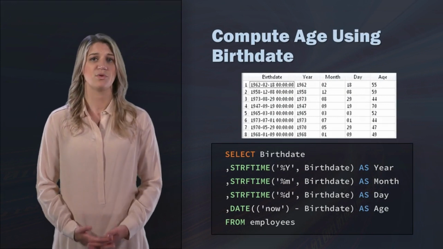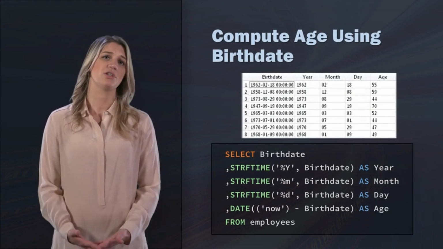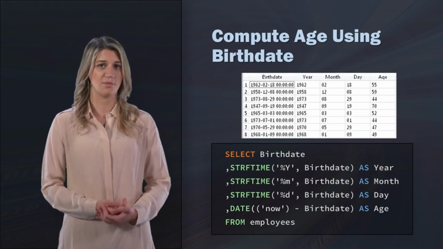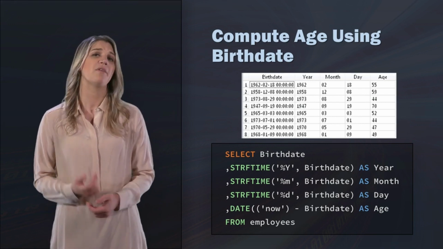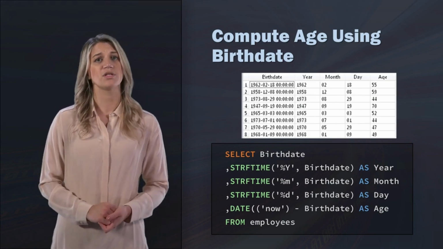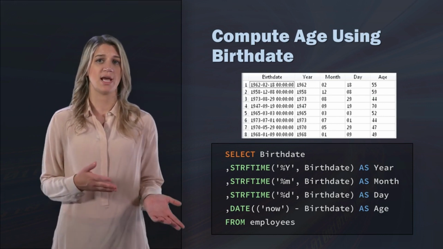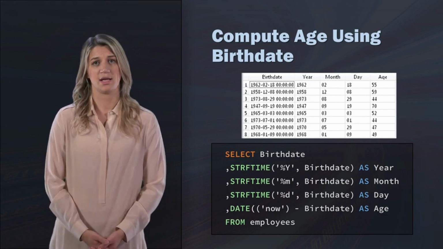How frequently this is used, though, is, again, going back to our example of the birth date. A lot of times we really don't care about people's birth date, but we want to know their age. In this example, I took my previous query where I'm selecting the birth date and I've separated out the year, the month, and the day, but I've also added a new column where I'm going to select the age. What I did is I took the current date, my date now, and then I subtracted the birth date.